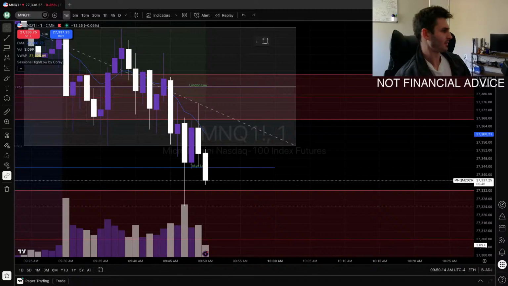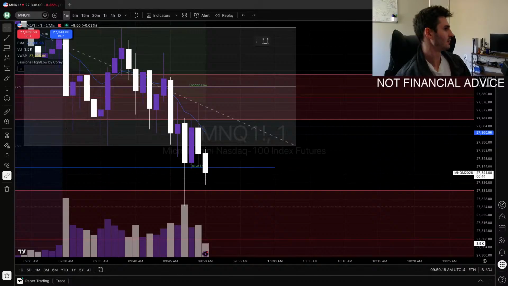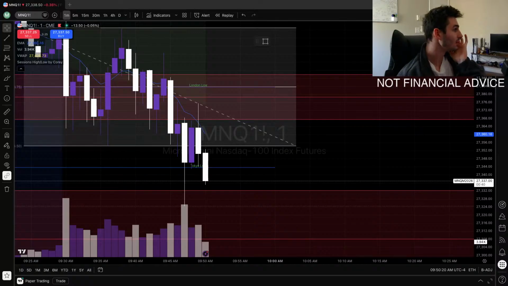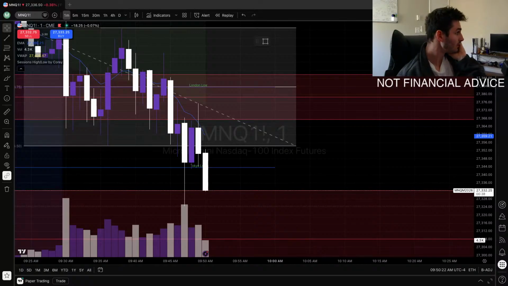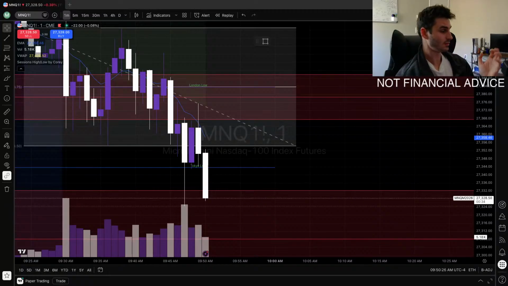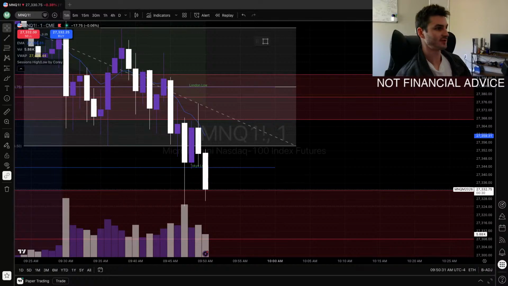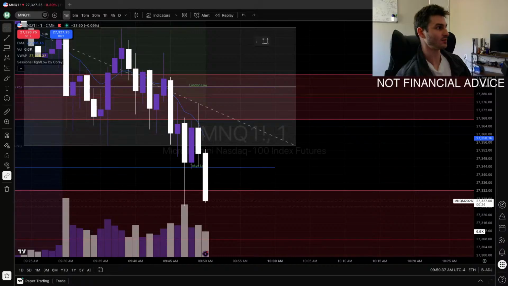We're a bit weaker than I thought we would be. Not gonna lie, we're a little bit weaker than I thought, but if we can do an internal sweep, so if we sweep this low, we could be looking pretty good.